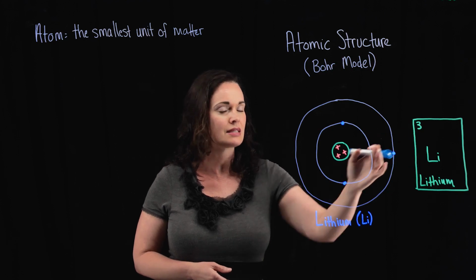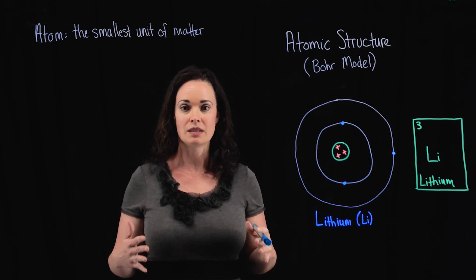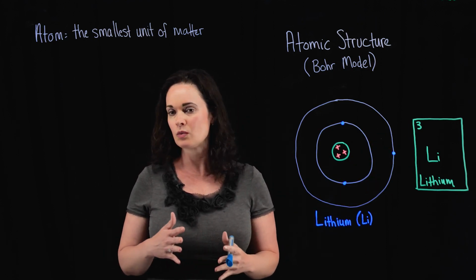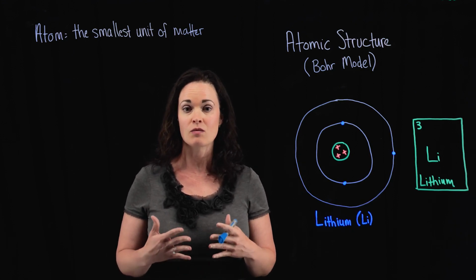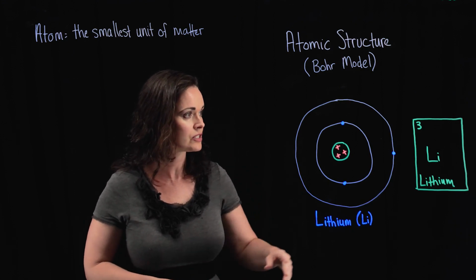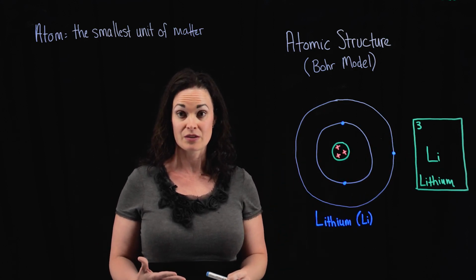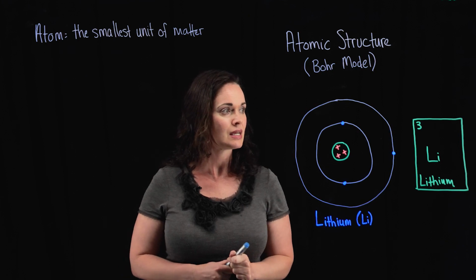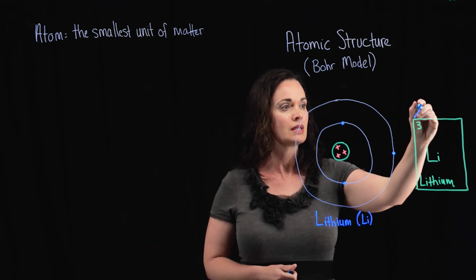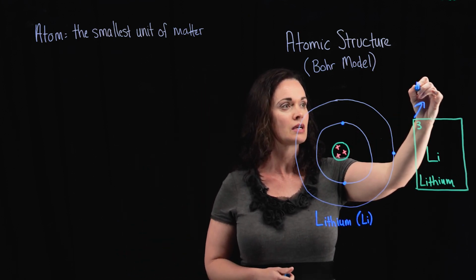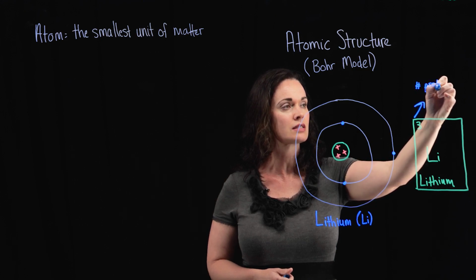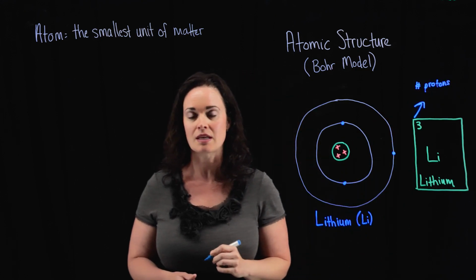But this is a super important number, something that you want to have an understanding of for anatomy and physiology. So you can see here that the atomic number for lithium is 3. And the atomic number basically is the number of protons in the nucleus of the atom.